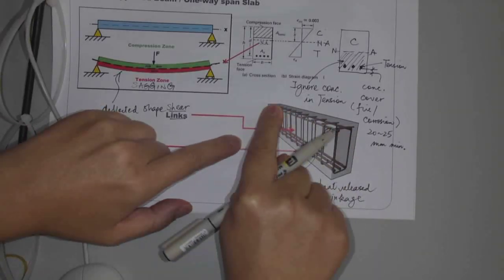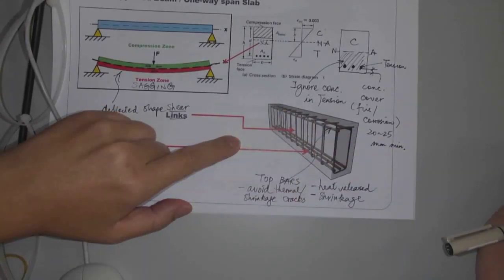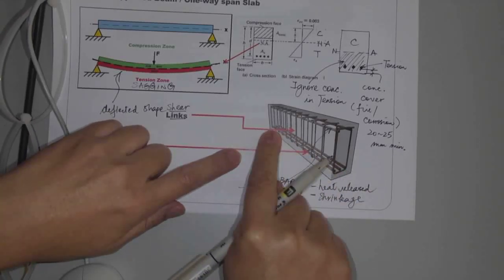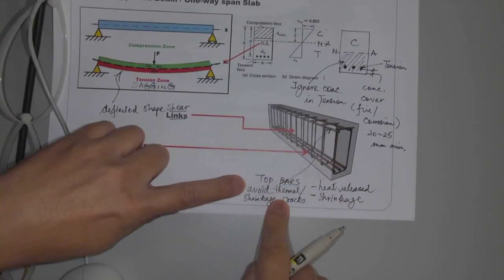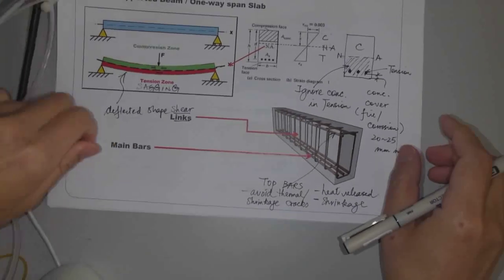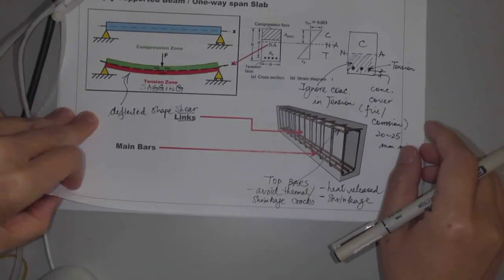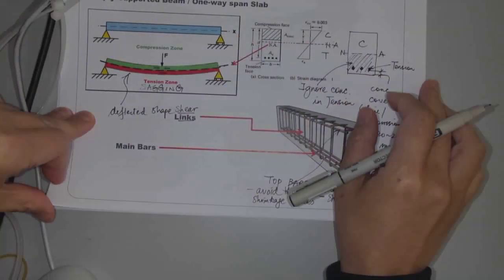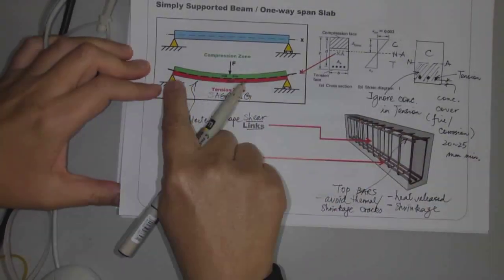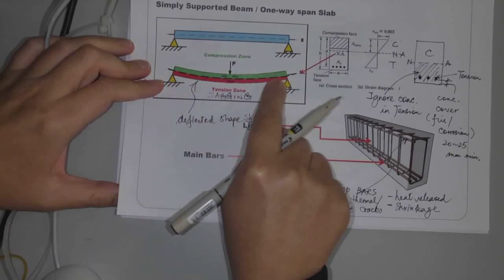That's why you put those top bars there. Okay? And the bottom bars, of course, serve both purposes, for bending and for thermal and shrinkage. Okay? So that's what I want to cover on this page. That's simple enough, right?